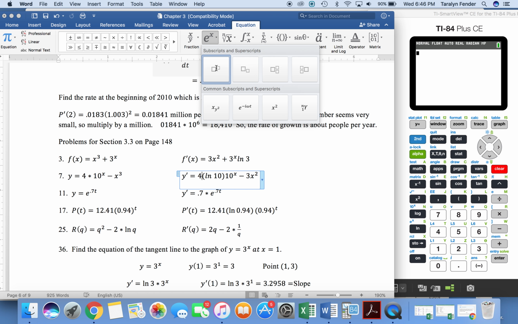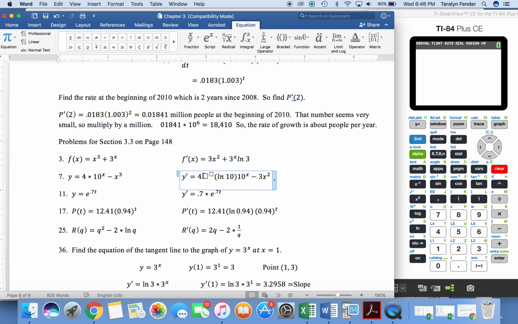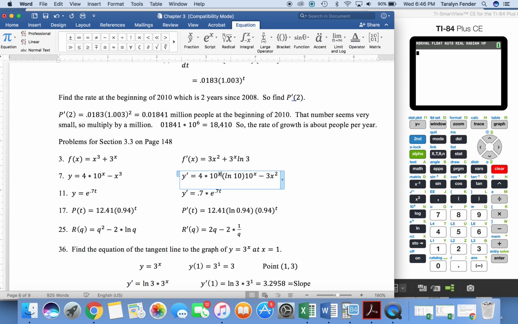So this is 4 times 10 raised to the x times natural log of 10, minus 3x squared.